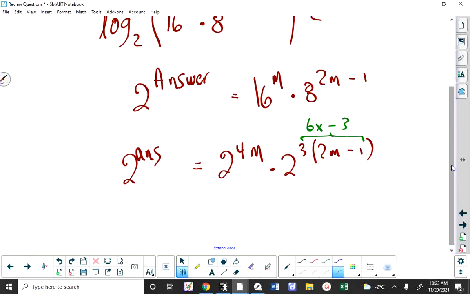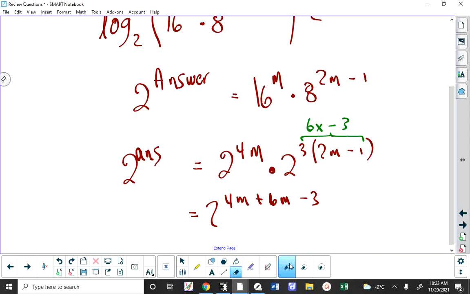And everybody, since we're multiplying common base expressions, we're going to add the exponents. So you're going to get 2 raised to the 4m plus 6m minus 3. My x came out of left field.